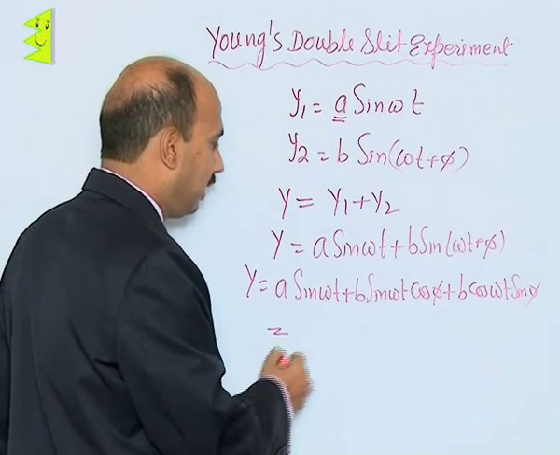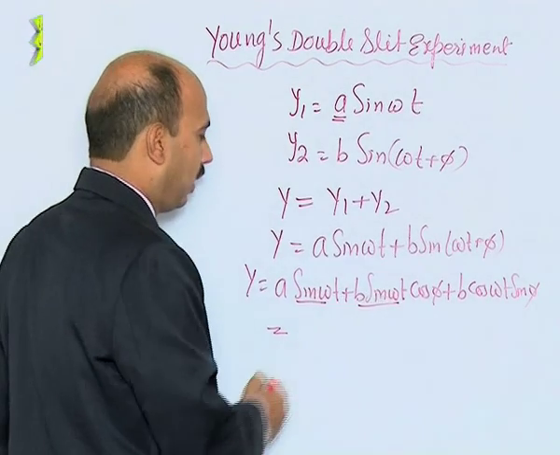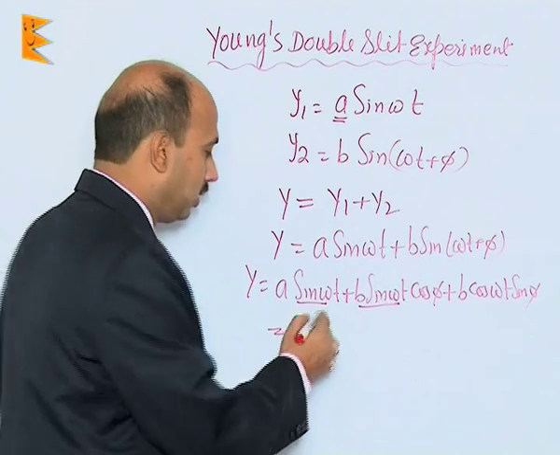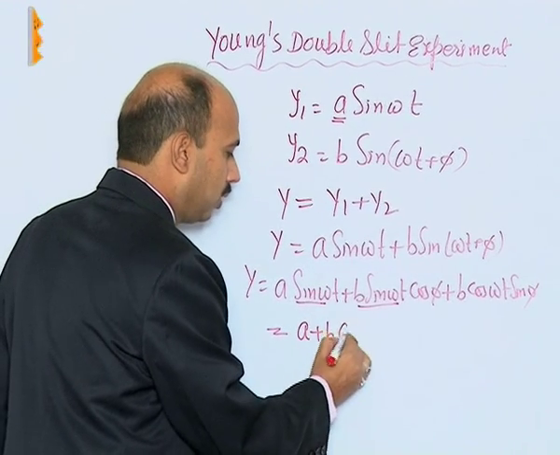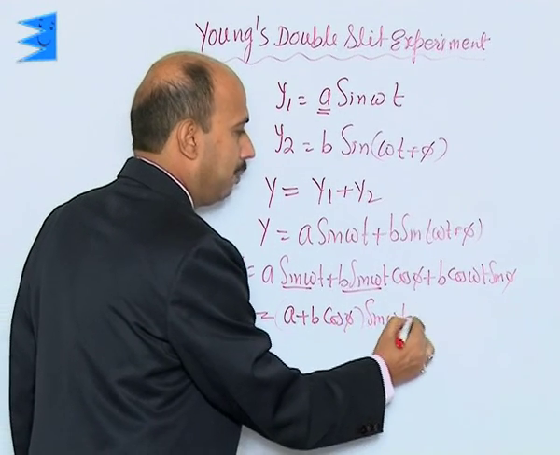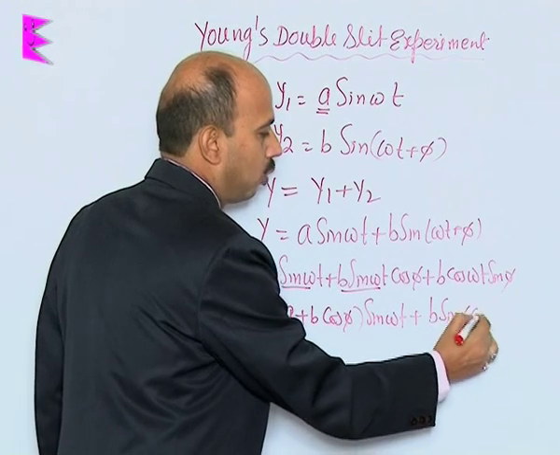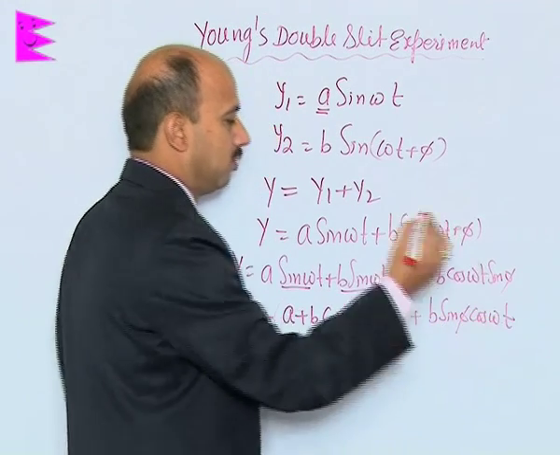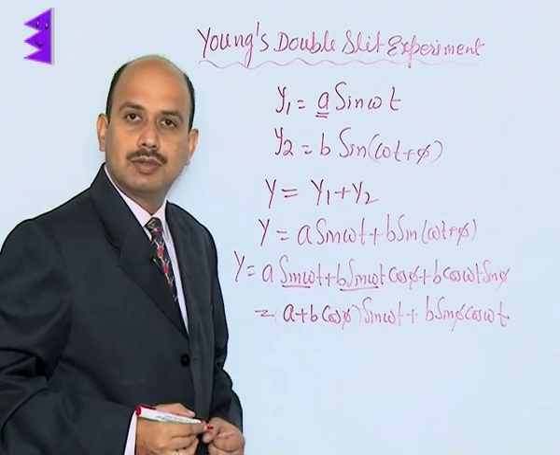Here we can take sin omega t common from the a sin omega t and b sin omega t cos phi terms. So we will be getting a plus b cos phi, times sin omega t, plus b sin phi cos omega t. So these things are now simplified just by taking common.